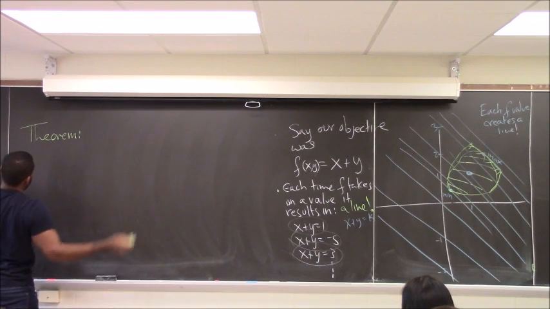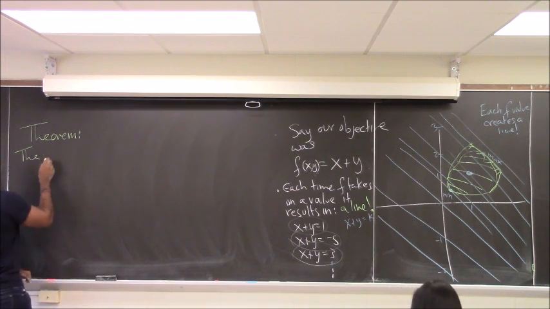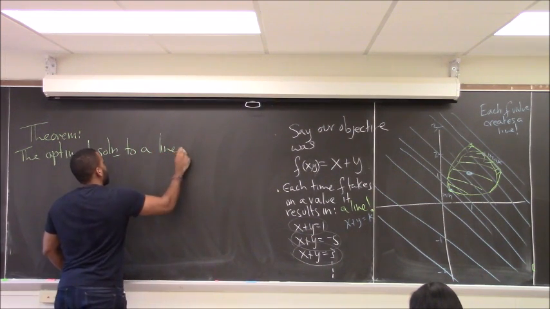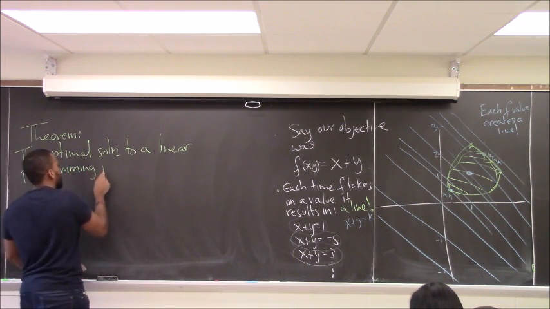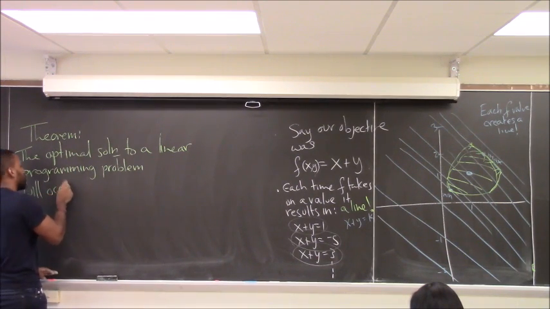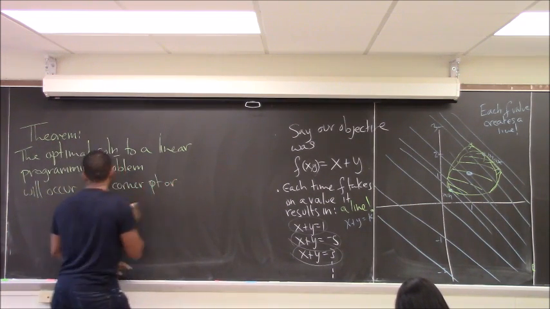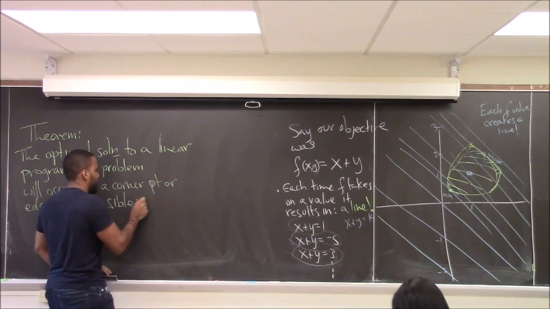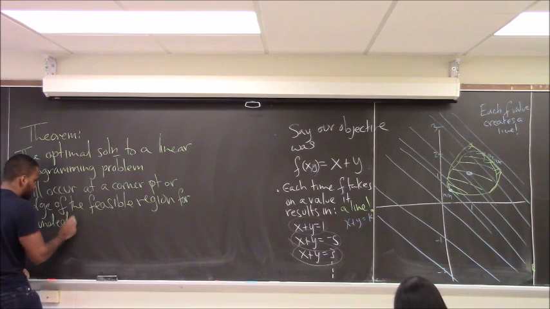I think this could be said in the same theorem. So, the optimal solution to a linear programming problem will occur at a corner point or edge for bounded regions.